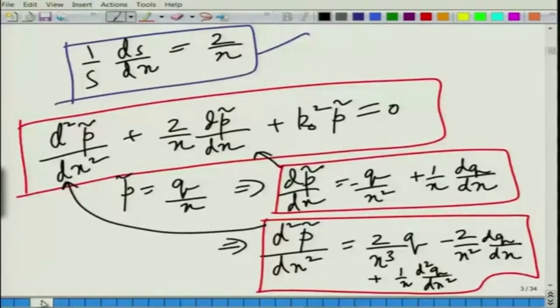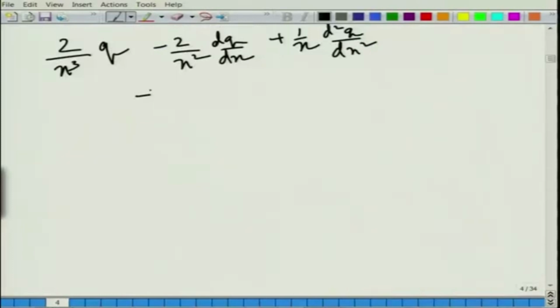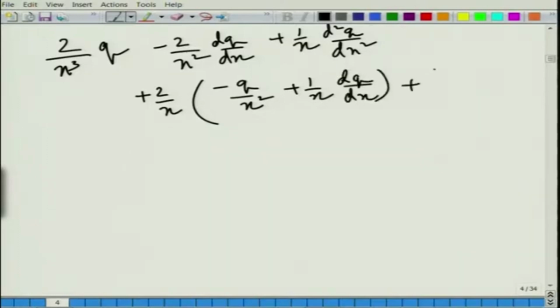We write this, and then we multiply the first derivative term by 2 divided by x. So, what will we get? We will get plus 2 by x times minus q by x square plus 1 by x times dq by dx, plus k naught square p, where p is again actually q by x.